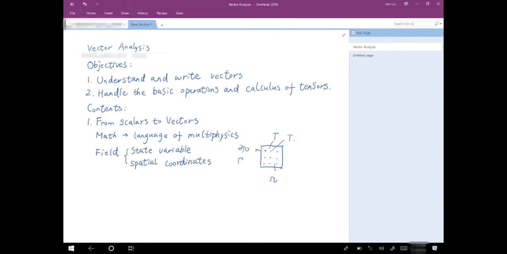But let's go to another example. If we have velocity v, then in this 2D case, how many numbers do we need to use to represent v at every point?